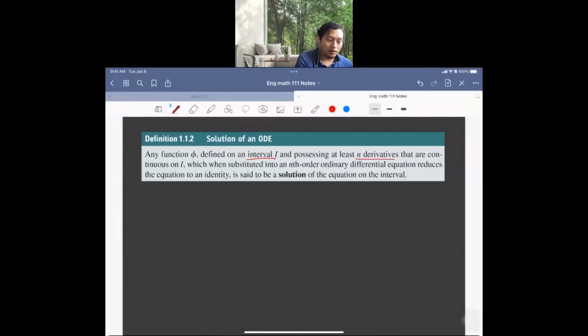They are continuous, of course, which, when substituted into the ODE, will reduce the ODE into an identity, which is the solution itself. Or we can say that when it's substituted, it's satisfied. In other words, if you think this is too long: solution satisfies DE.